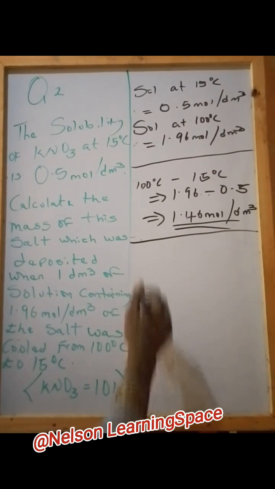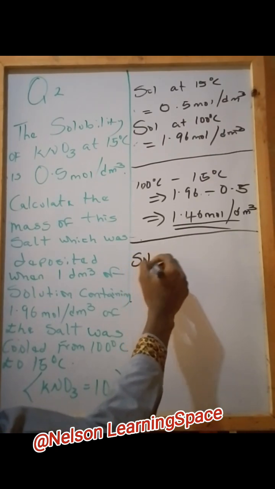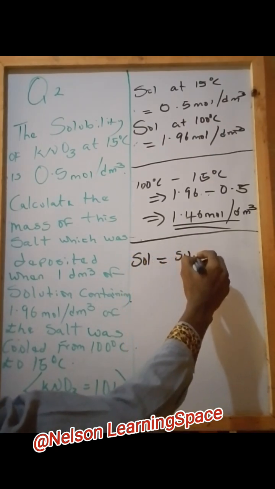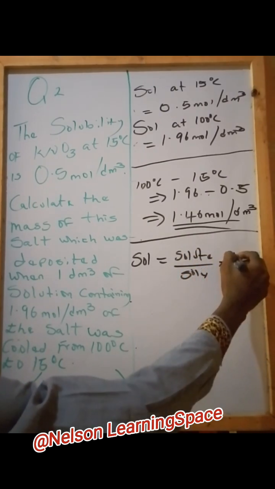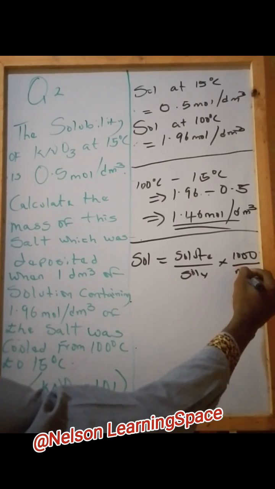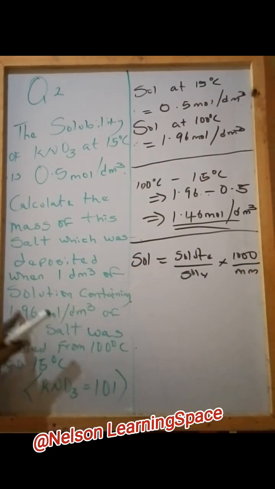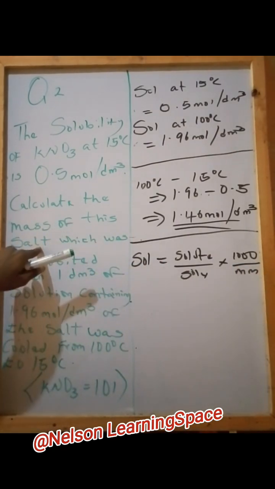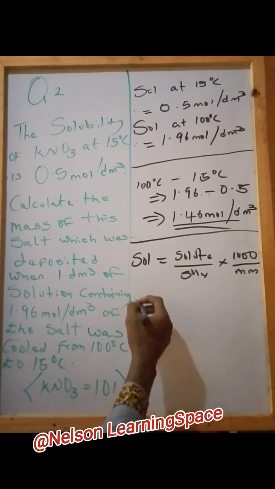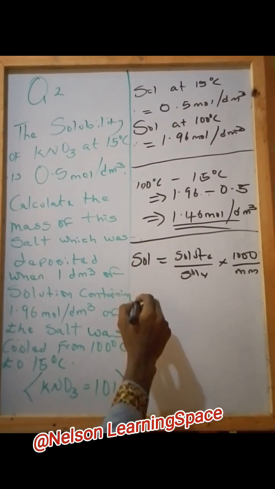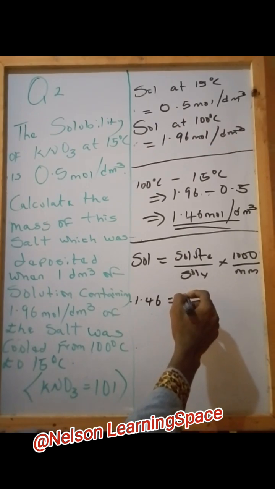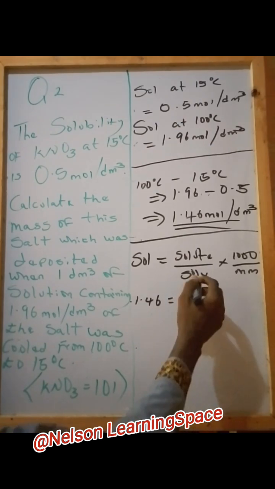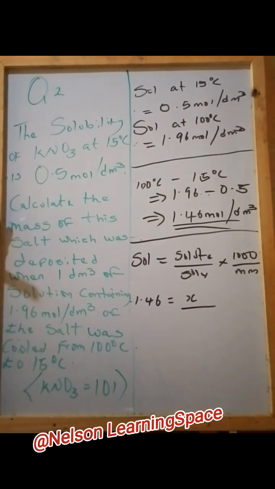Now, solubility is equal to solute over solvent multiplied by 1000 over molar mass. Since the solute is what we're looking for, the mass of this salt, we can say solubility is 1.46 equals X over the solvent.